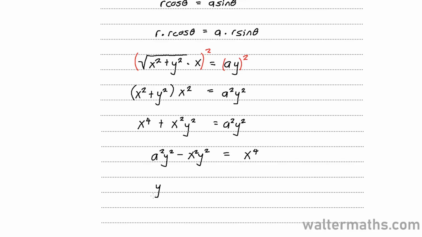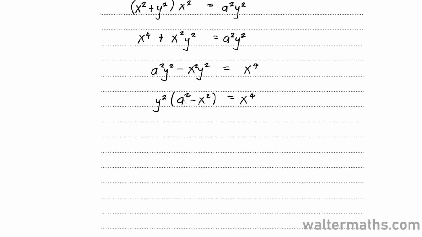And we can factor out y² to get (a² − x²) in the bracket equal to x⁴. And dividing both sides by a² − x², we'll be having y² on the left side, and on the right side we'll be having x⁴ over a² − x².